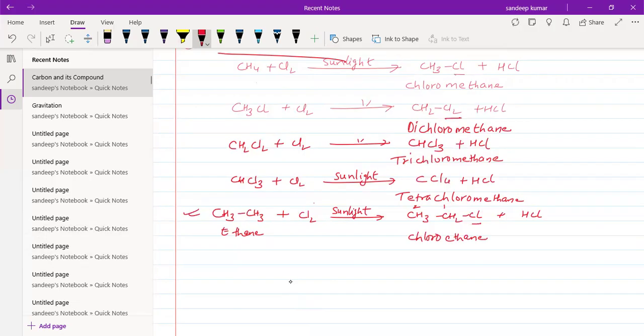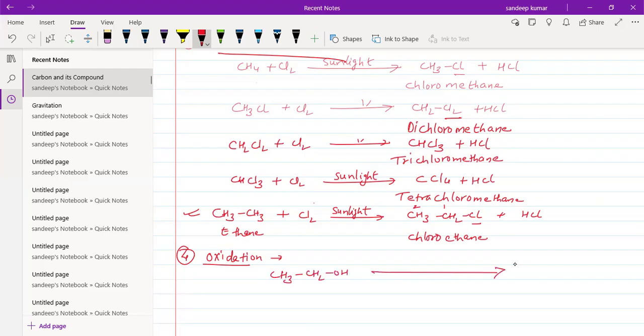Next, the fourth reaction is the oxidation reaction. This is there in the syllabus, children. In this case, ethanol is oxidized to ethanoic acid in the presence of an oxidizing agent. Let's take the example of ethanol, CH3CH2OH.